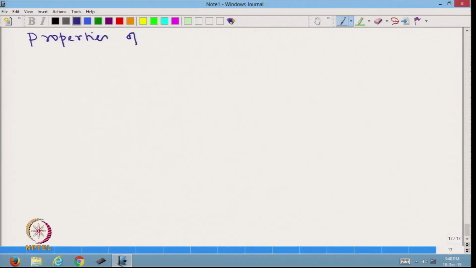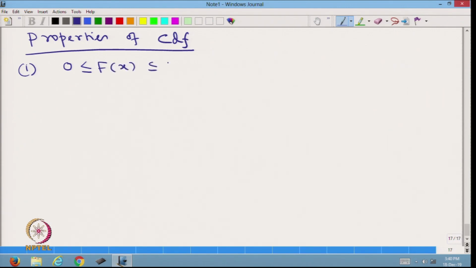Properties of cumulative distribution function. 1. Zero less than equal to F of x less than equal to 1 for all x.